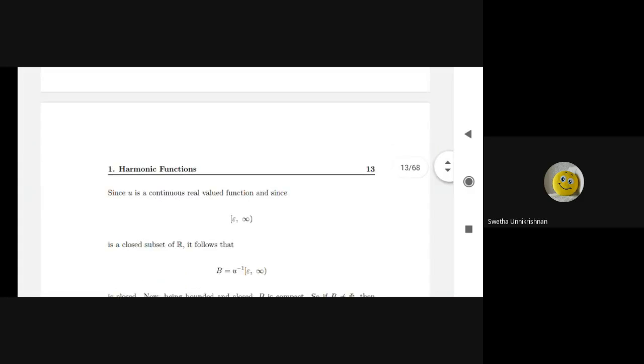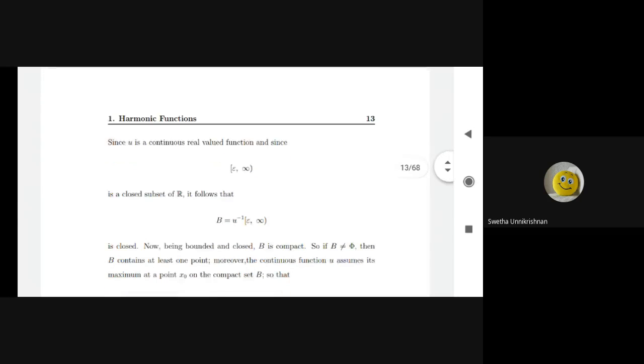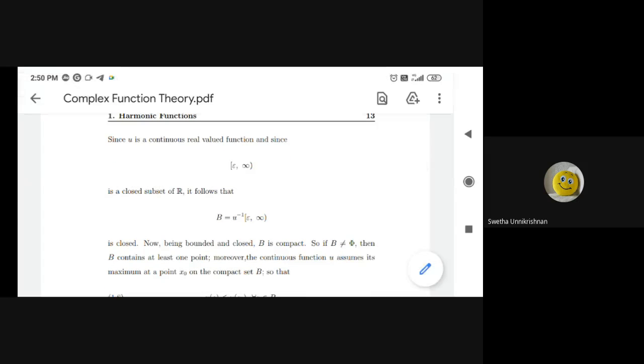Now to say that B is closed, we know that U is a continuous real valued function, and also the closed set [epsilon, infinity) is a closed subset of R, so U inverse of [epsilon, infinity) must be a closed set, since the inverse image of a closed set under a continuous function is closed.